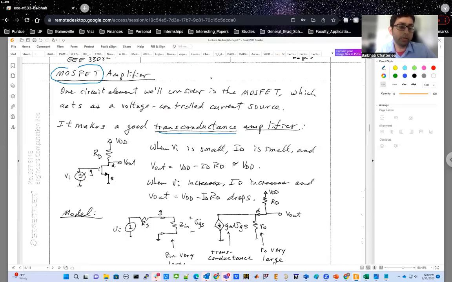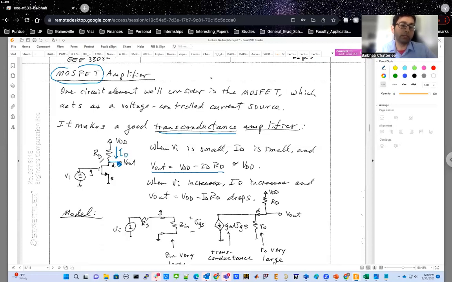So now you see that you have an input voltage here, and because of that input voltage, you create an output current. If you take your output voltage at this point, what would be the equation of that output voltage? The equation of the output voltage will be VDD, and if you assume that the output current is this, let's call this output current ID. This is the point called drain.